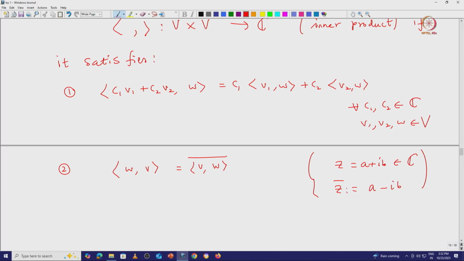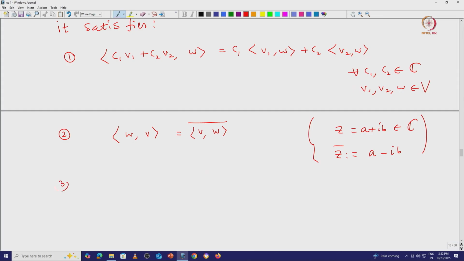Now, the third condition is about the non-negativity of the inner product v, v. It should always be non-negative, and whenever the inner product v, v is 0, then v is 0.